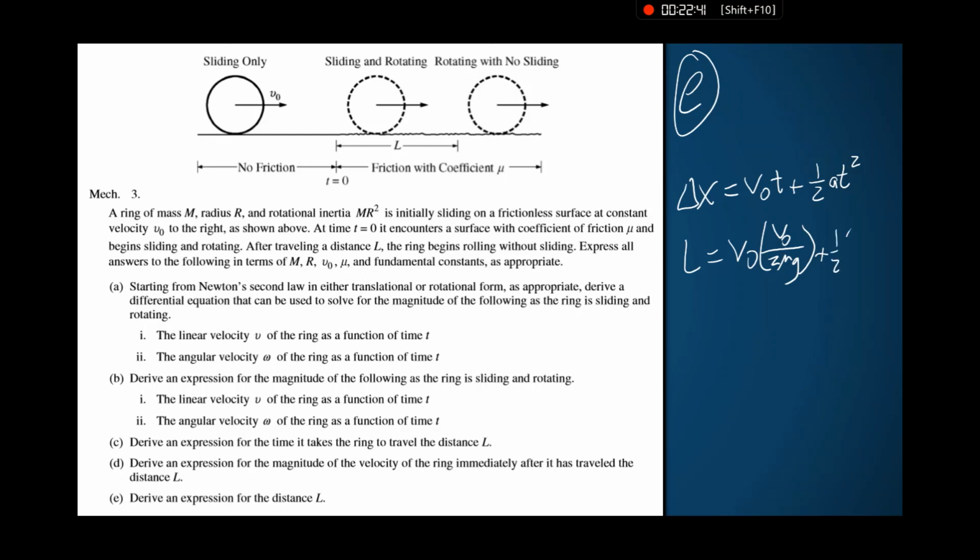Okay, plus 1/2 minus mu g times t squared. V0 over 2 mu g squared. Okay. Then we need to solve for L. Okay, if I multiply this out, what happens?